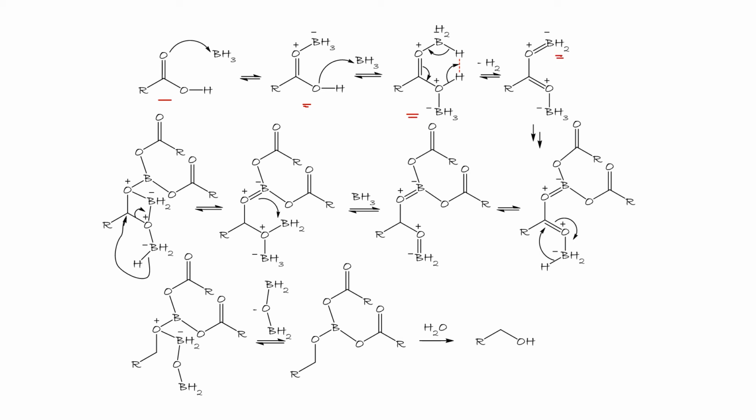Then the same type of reaction will occur on these hydrogens to form O-acyl on the borane, followed by again Lewis acid Lewis base with a third molecule of borane, and the formation of a four-member ring, then nucleophilic substitution, followed by elimination of these species and hydrolysis to form the alcohol.